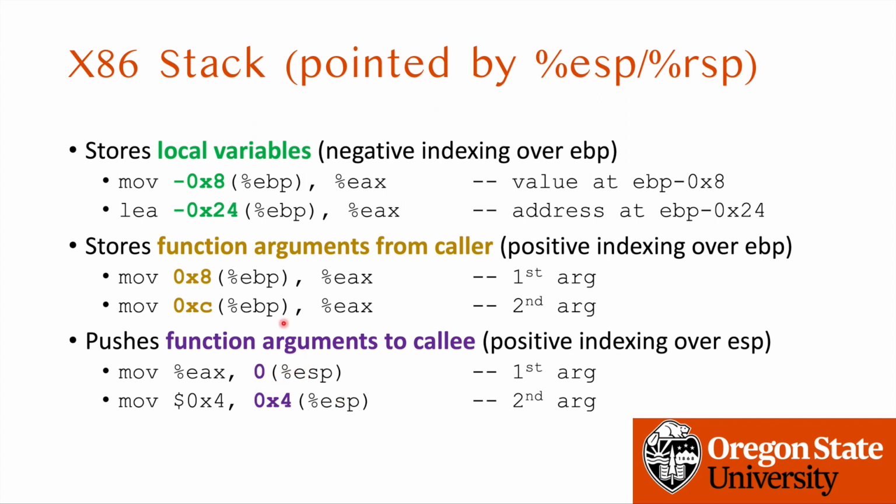So please don't confuse them: a positive index over EBP means we are getting function arguments from the caller, and applying a non-negative index, 0 or positive, over ESP means that we are passing arguments to the callee.